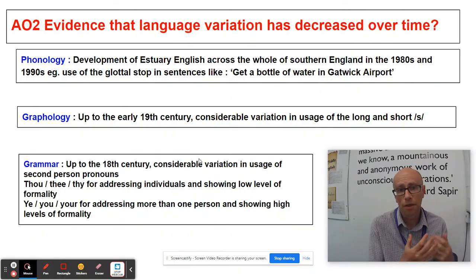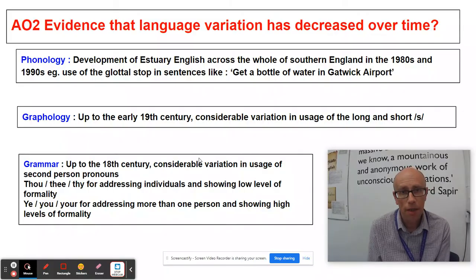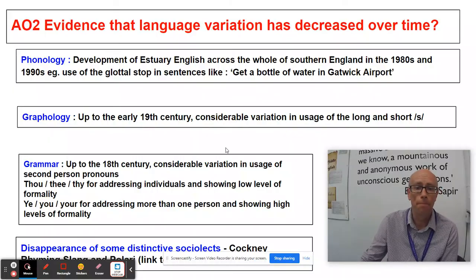On the other hand, you've got ye, you, and your, which is the plural form and is a higher level of formality. Okay, and if you read works like Shakespeare, he's in that period where he's alternating between using different forms in different sorts of ways. Okay, so the fact that we now are left with the paltry you and your is surely evidence that language variation has decreased over time.